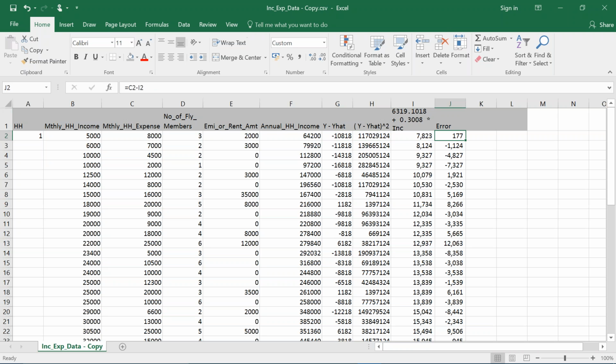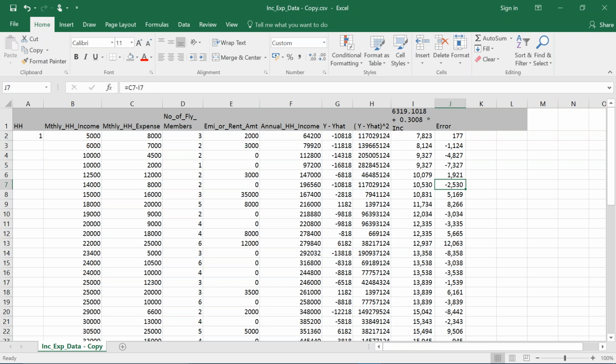Do you agree this 177, the gap between my estimate of 7,823 and this 8,000 is 1,177. This is still unexplained, right? Whereas for this case, I have estimated 10,530, actual is 8,000. I have estimated higher, 2,530.